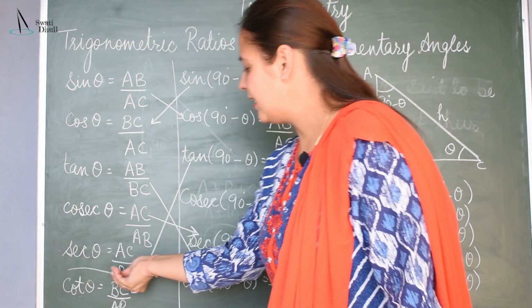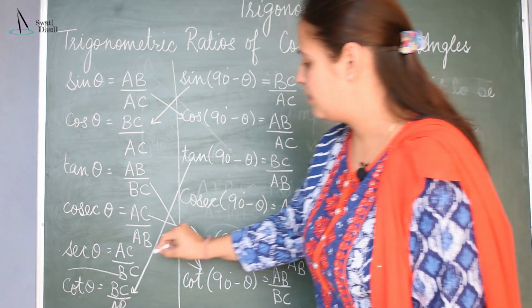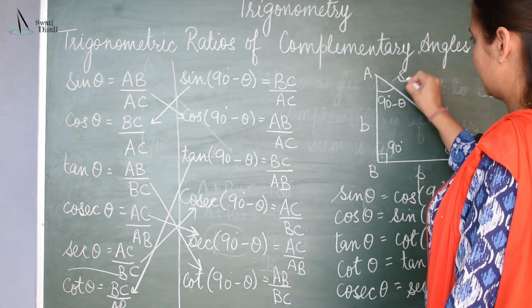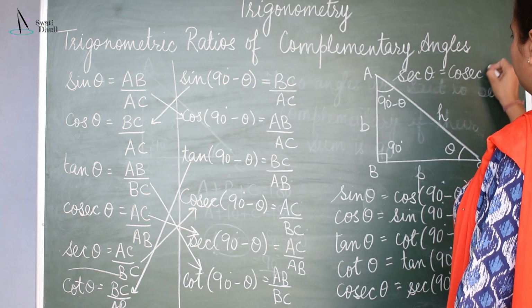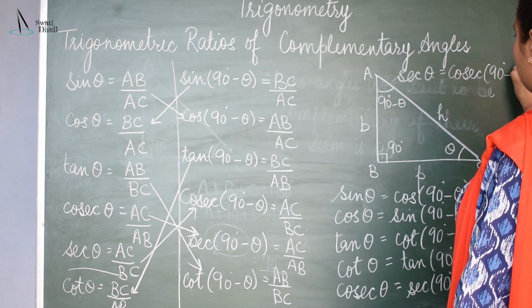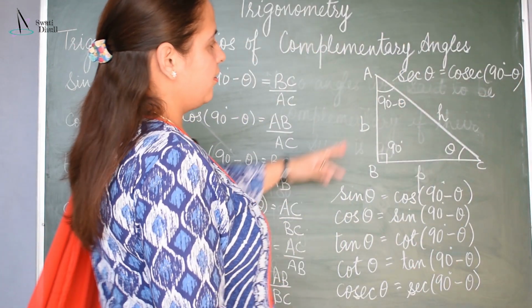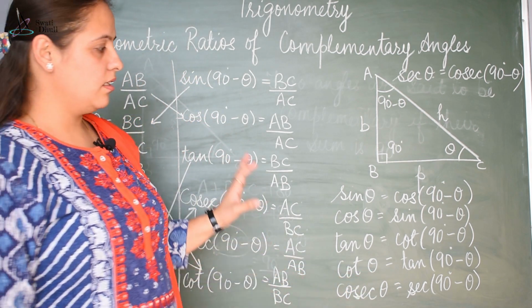Similarly, your secant theta is equal to cosecant 90 minus theta because this is AC by BC. So we have got that secant theta is equal to cosecant 90 minus theta. So these are the trigonometric ratios of complementary angles.